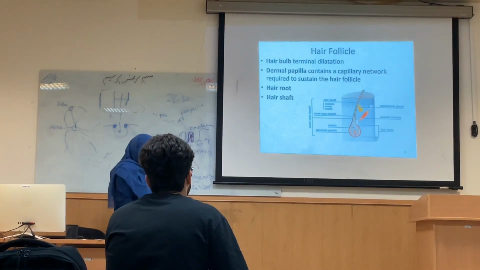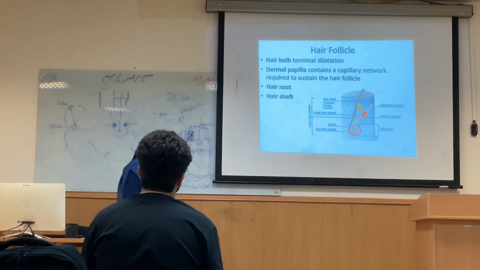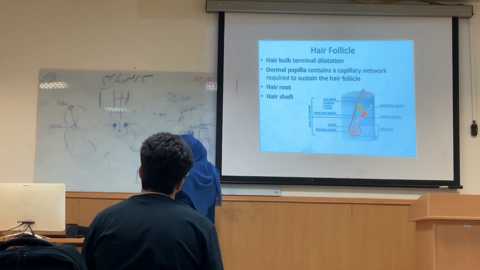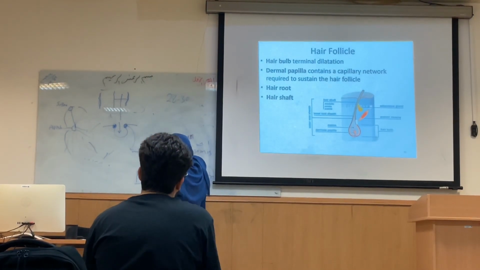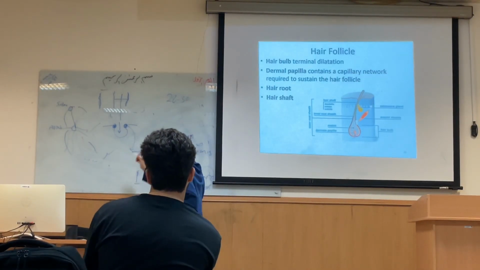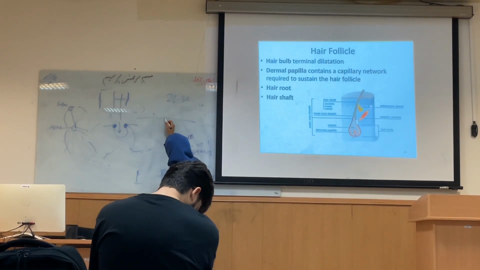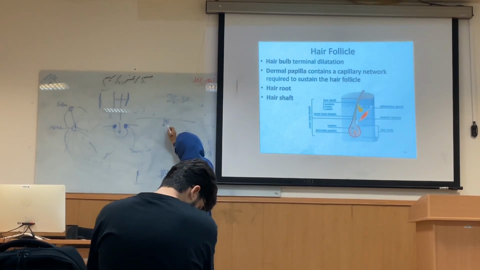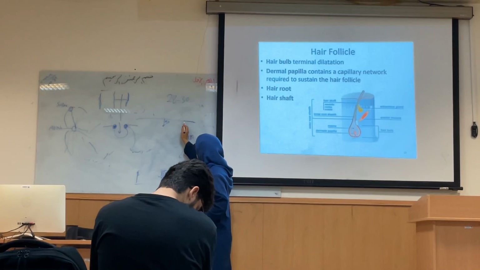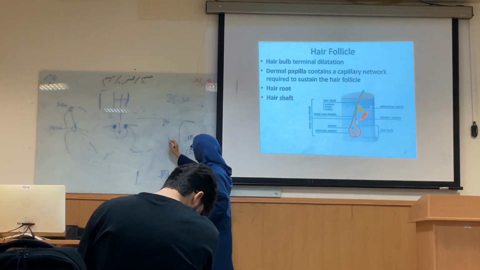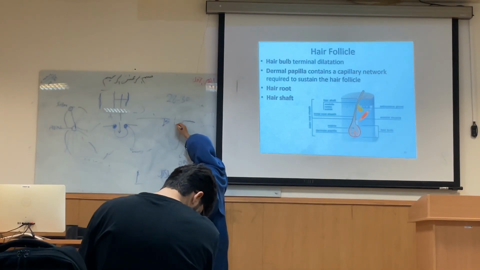This part is derived from the basal and the spinous layers. The epidermis has 4 or 5 layers. When these epidermal layers invaginate inside the dermis, this structure is the hair.